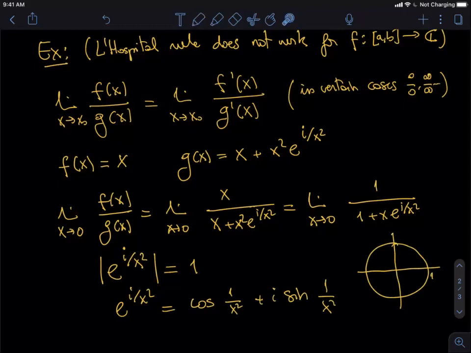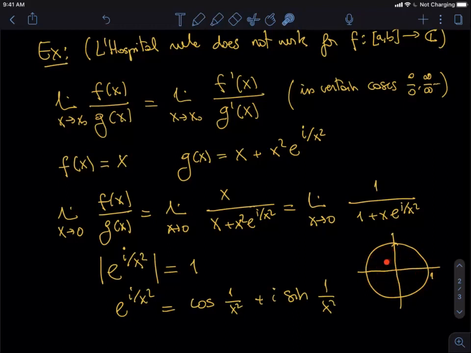And as x tends to 0, 1 over x tends to infinity, and this is going to be turning around over and over. But because it's multiplied by x, as it turns around, it will also sink towards 0.